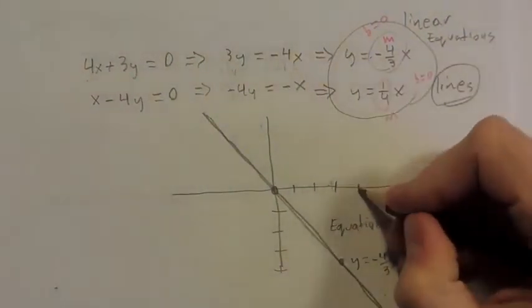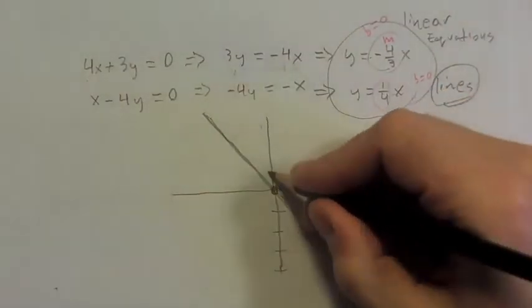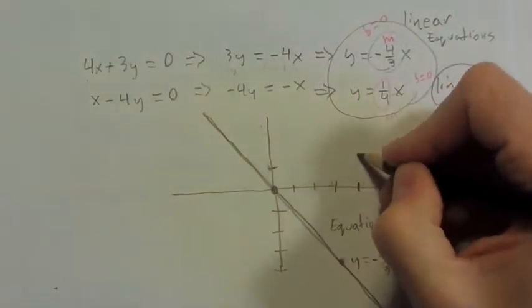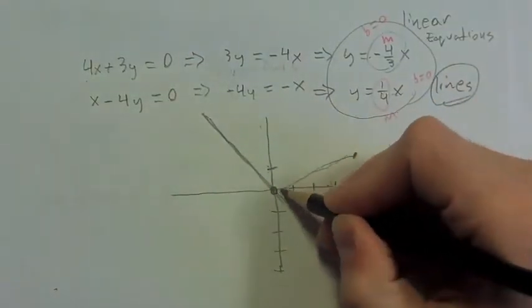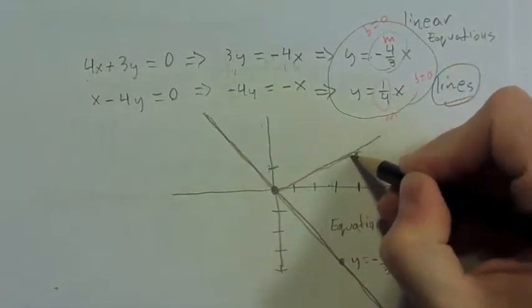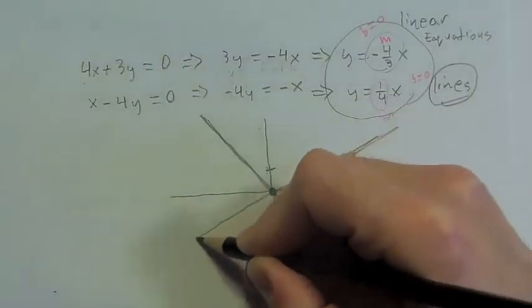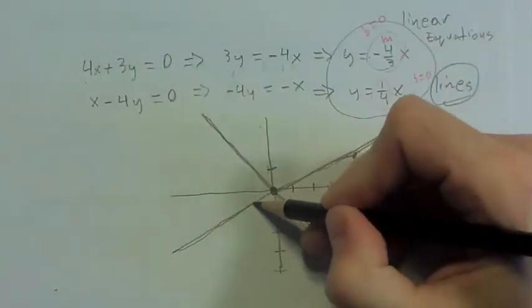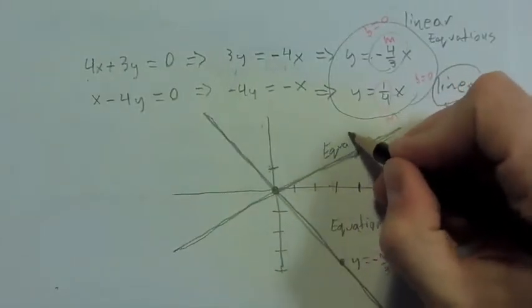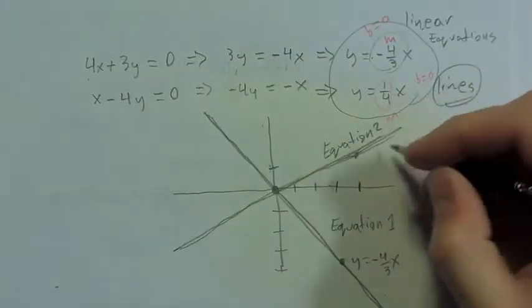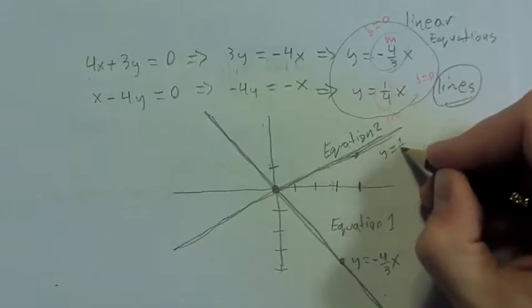So it will go out 4, up 1. This line looks something like this. I didn't graph that very well. But here's equation 2, which is y equals 1/4 x.